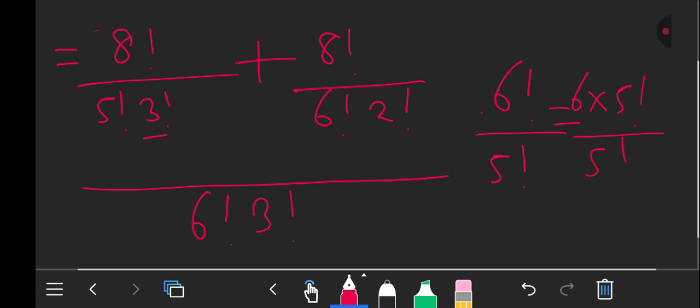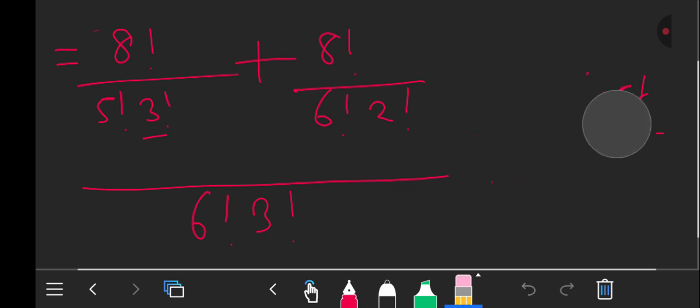Now divide by 5 factorial. 5 factorial and 5 factorial cancel out, so we just remain with 6. So I'm going to say this is equal to just 6, then multiplied by the numerator, because 3 factorial and 3 factorial will cancel out.